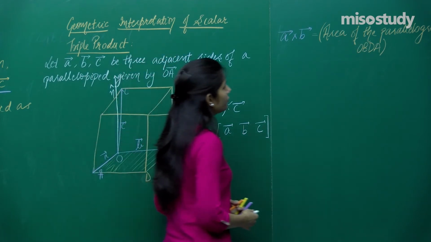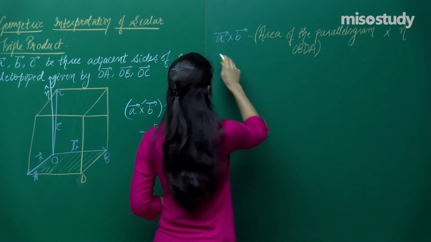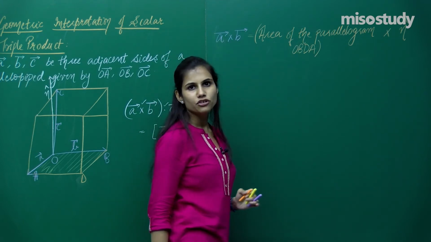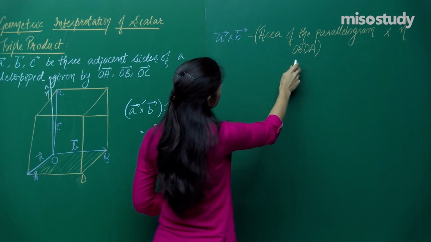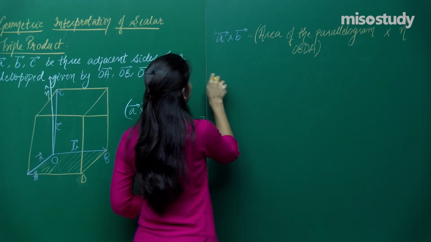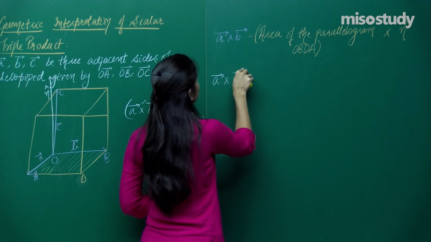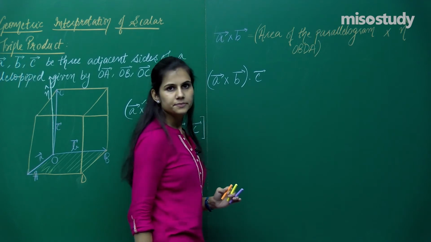So area of the parallelogram OBDA times n cap was the geometric interpretation of the cross product of A and B, right? If this is the scenario over here, what do you think will be A cross B dot C vector?